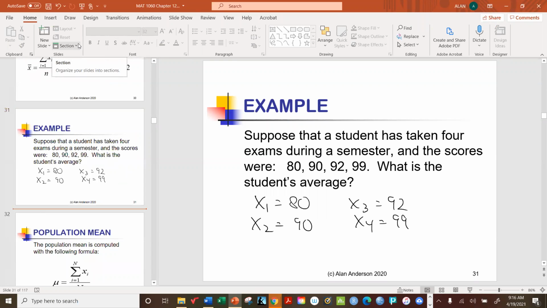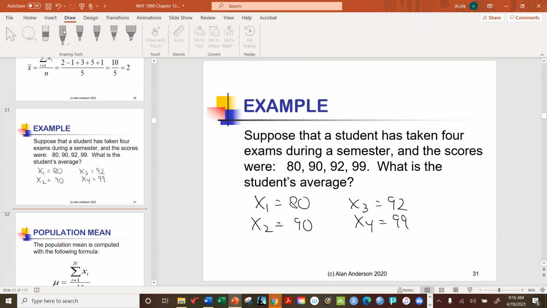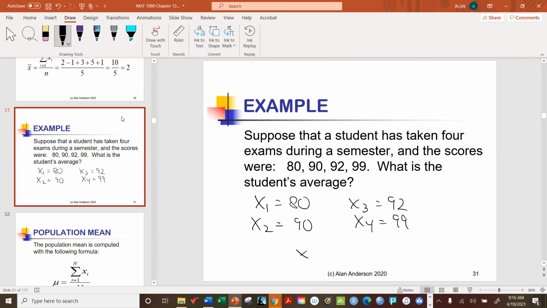Well, we already know x bar equals the summation operator divided by n. So we're going to actually do that right now.